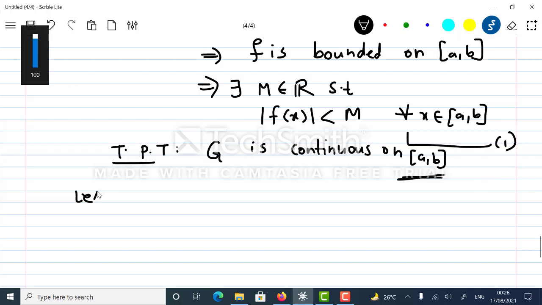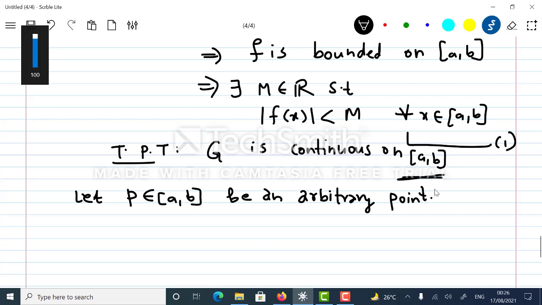So let p belongs to closed interval a comma b be an arbitrary point. That is, any point from closed interval a comma b.